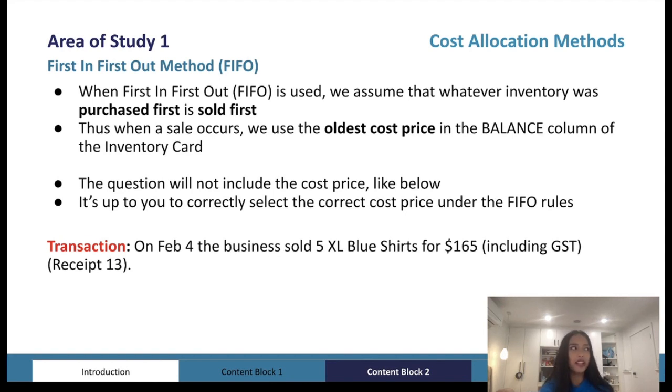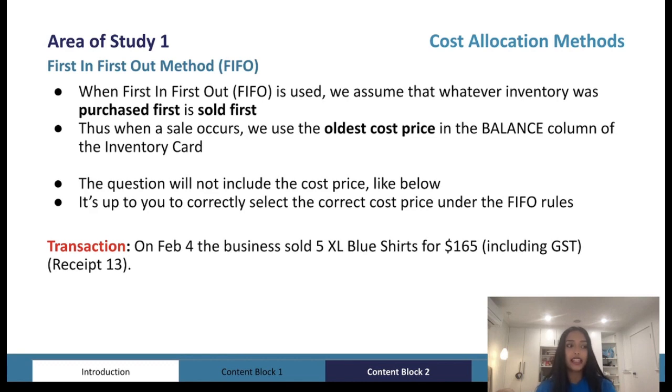So probably the biggest mistake that people make with questions like this, with cost allocation methods, is they think that if a business uses first in, first out, that means that all of their old inventory is sold first. That's not true.